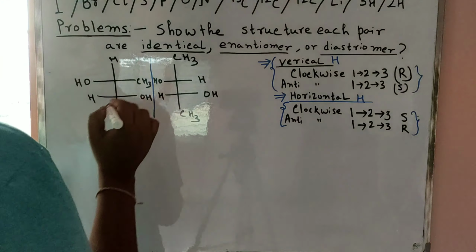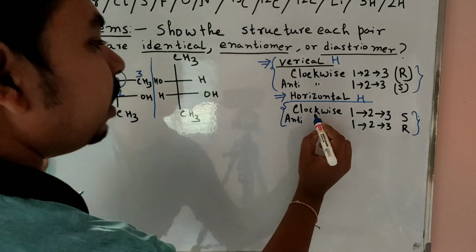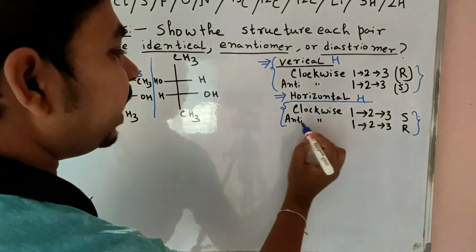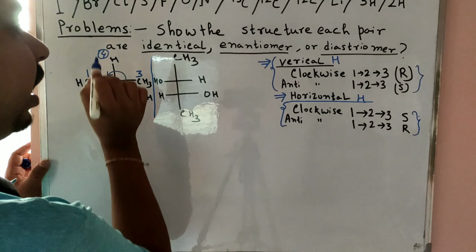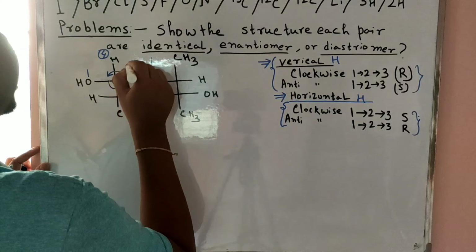As per our rule, when hydrogen is horizontal, clockwise rotation is S and anti-clockwise rotation is R. Here anti-clockwise rotation occurs, but hydrogen is in the vertical position, so the rotation is S.